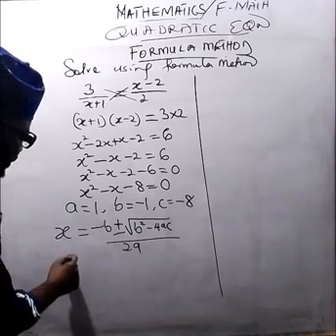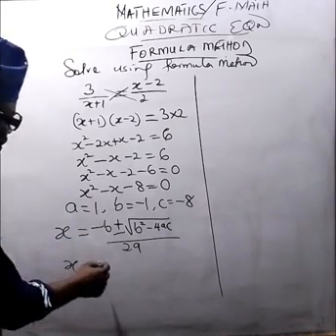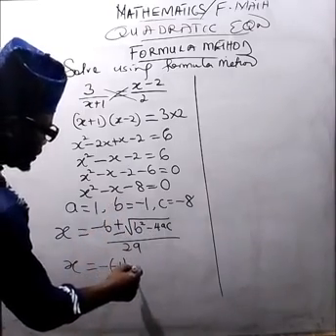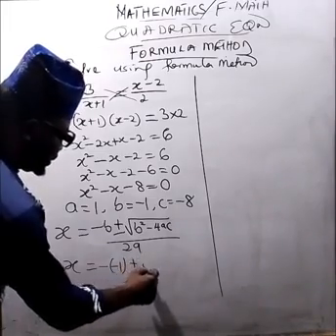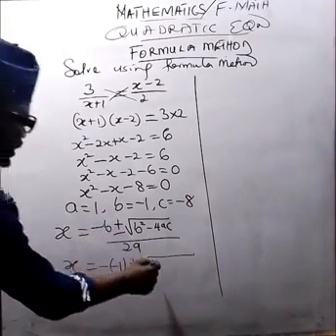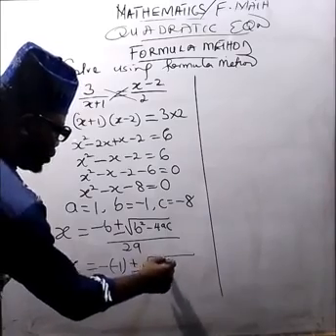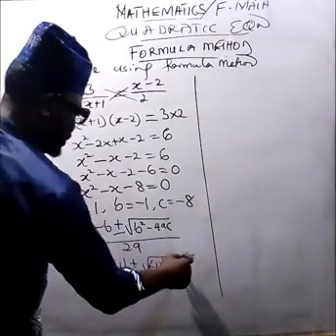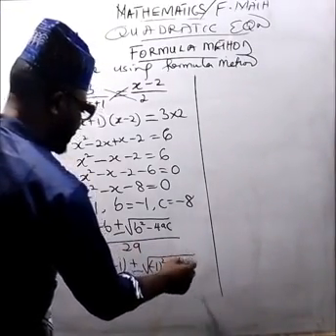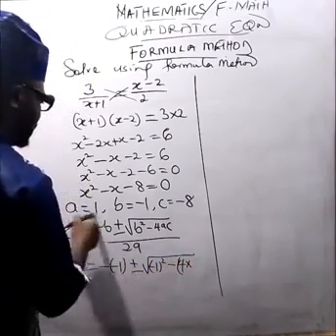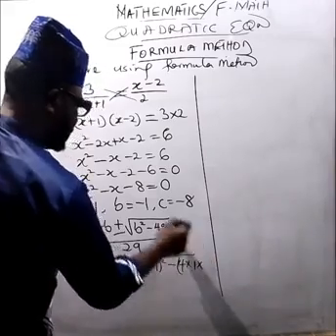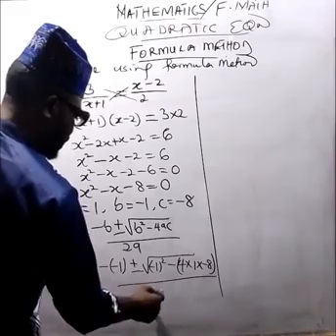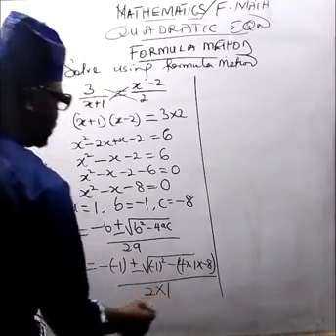So this becomes x is equal to minus, what is the value of b? Minus 1, plus or minus root b squared, that's minus 1 in bracket squared, minus 4, let's put all of them in bracket, 4 times a is what? 1, times c is what? Minus 8, over 2a, 2 multiplied by 1.